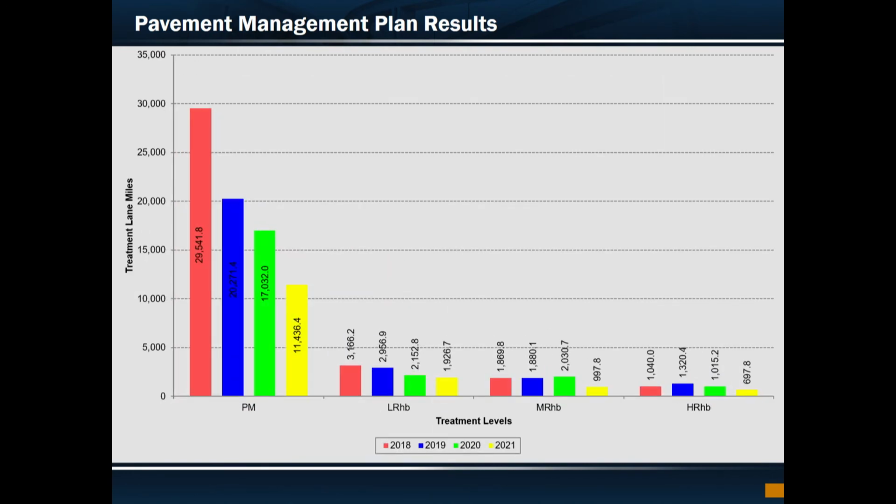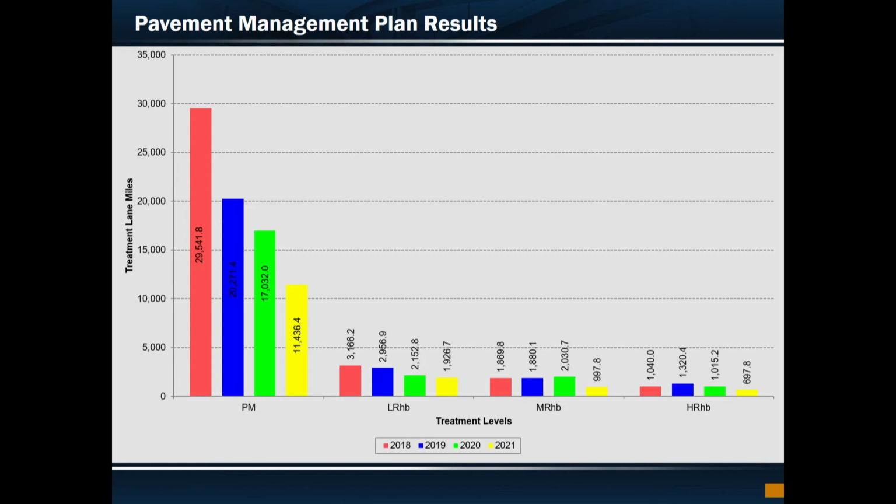In addition to those tabular and trend lines, you all know the Pavement Analyst can also summarize results by total treated lane miles for those 4 treatment levels: preventive maintenance, light rehab, medium, and heavy. You can see from the TxDOT side, we do a lot of the PM work, especially here.